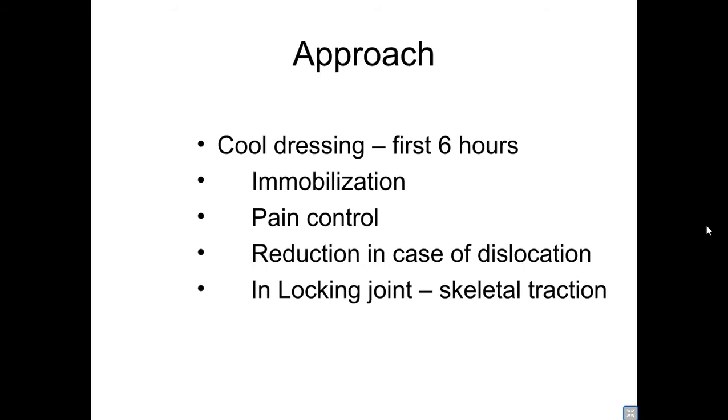Okay, after we exclude a fracture, we have to immobilize the knee. It's good to apply some cold dressing for a few hours, and then we have to compensate the pain.